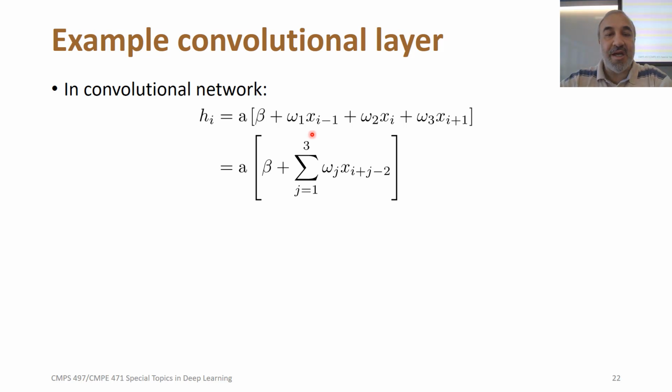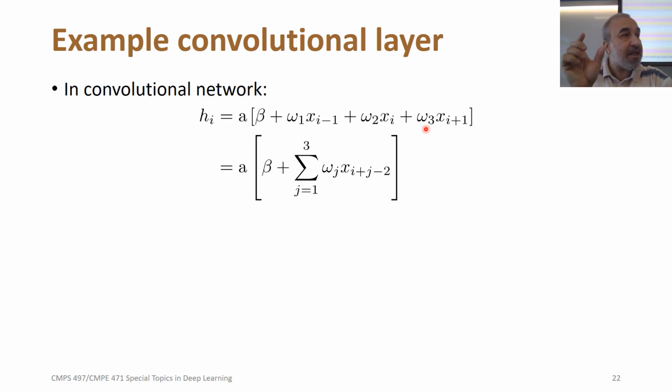This can be seen first before we compare it with the fully connected network. You can notice here that in the computation of hidden unit number i, we apply the kernel with w1, w2, w3, and the indices here have nothing to do with i, which means that the same kernel would be applied to produce different hidden units.